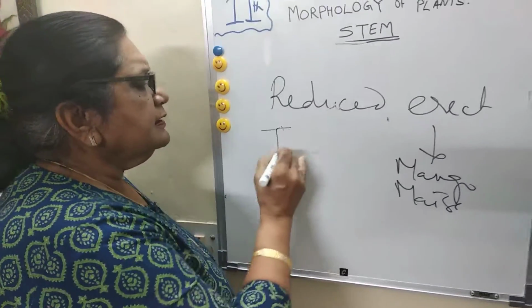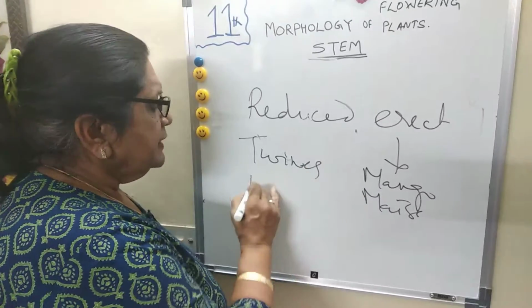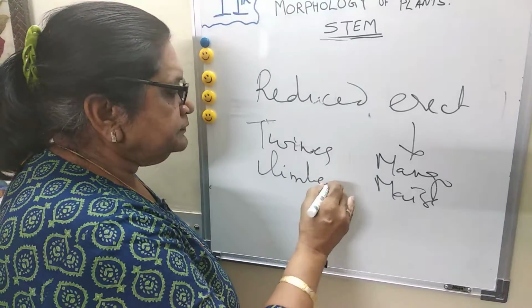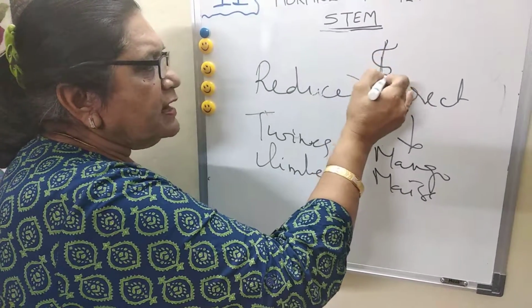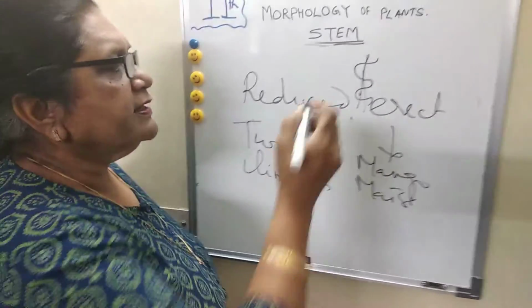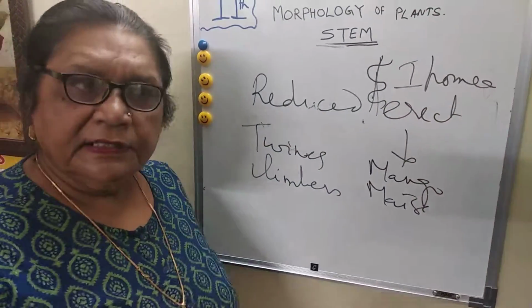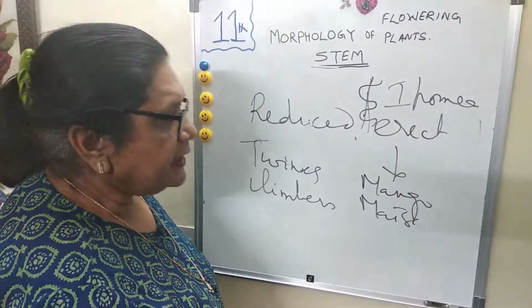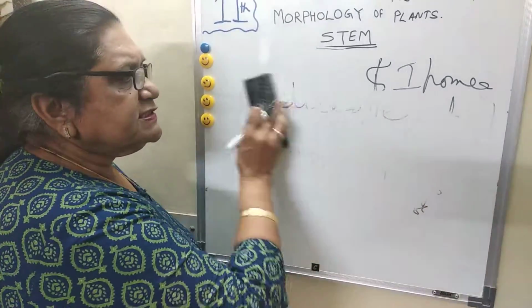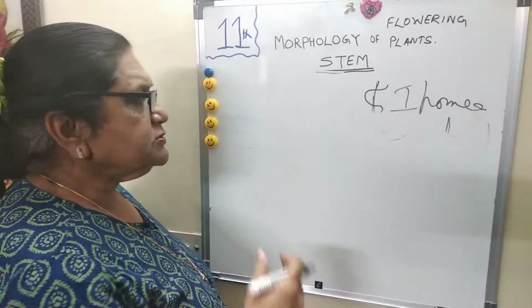Weak ones need certain supports: twiners and climbers. Twiners are those that twine around the support, for example Ipomoea, which properly twine around the support. Then climbers, you have seen, the roots are also weak and the stem also is weak.